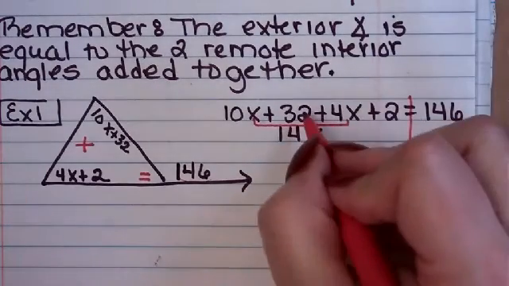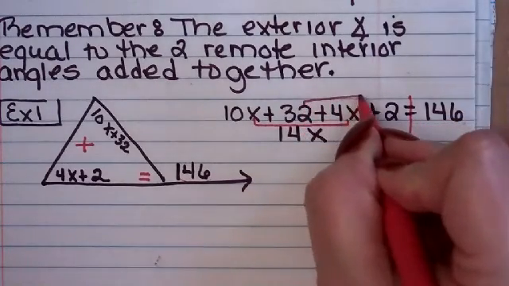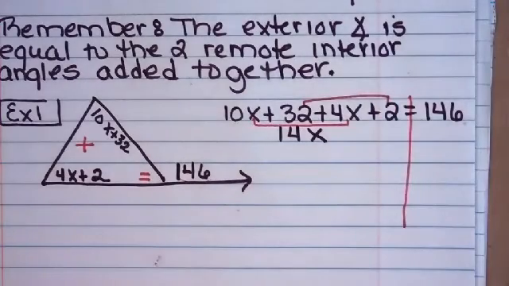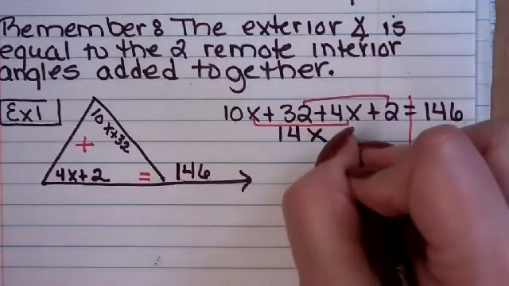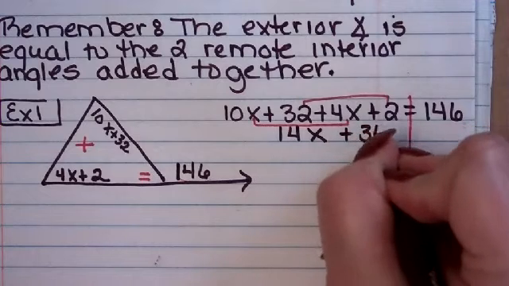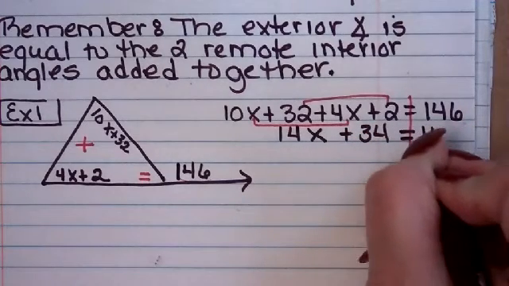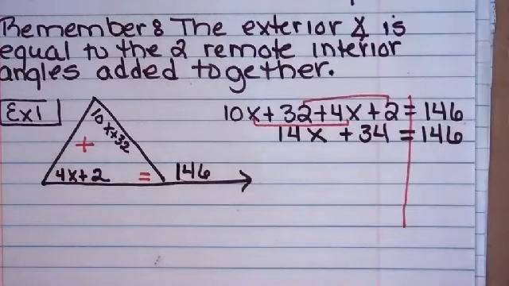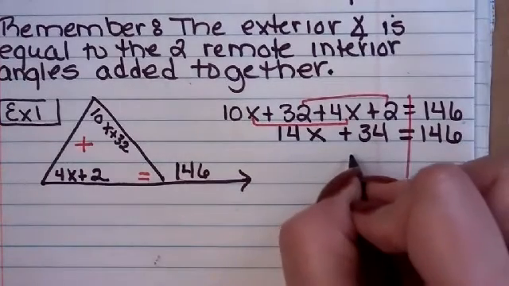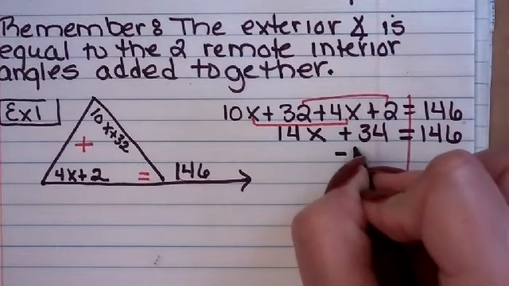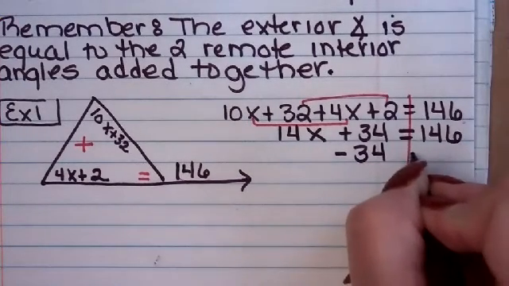And then I'm going to put the 32 and the 2 right here together. So 32 plus 2 is going to give me 34. And that's equal to 146.